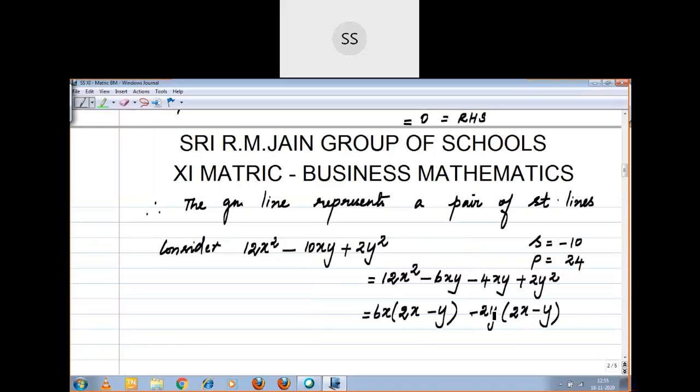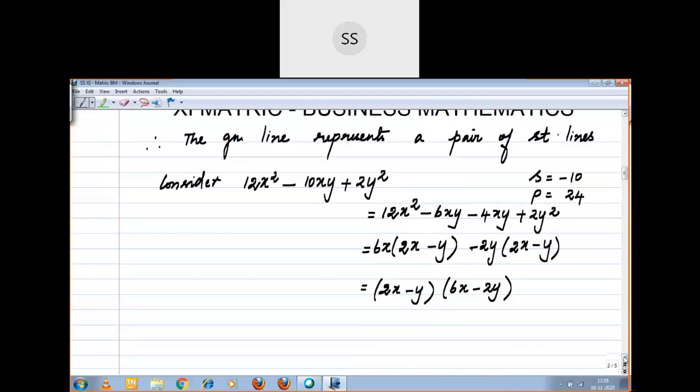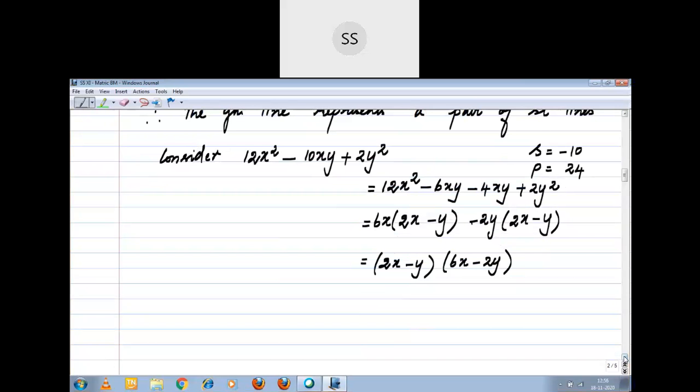Minus 2y into 2x, that is minus 4xy. Minus into minus is plus, then 2y into y, 2y square. Got it? In both the things, which is common? 2x minus y is common. Then what should be the rest? 6x minus 2y. Have you all understood, children?